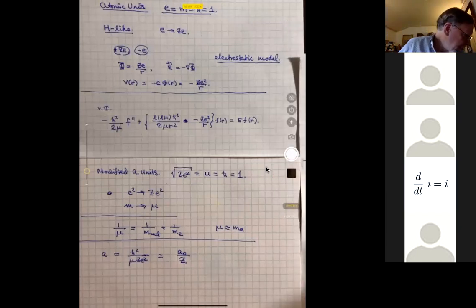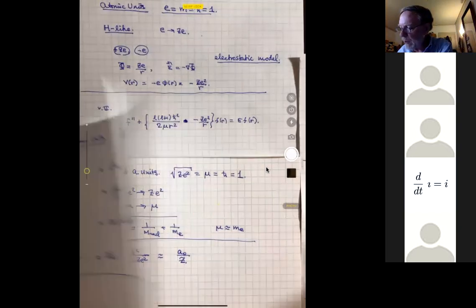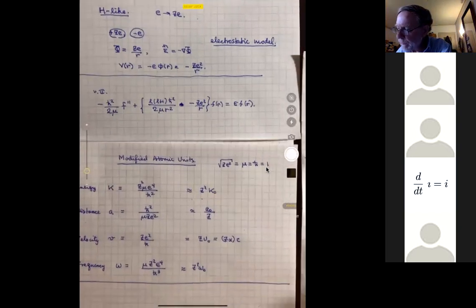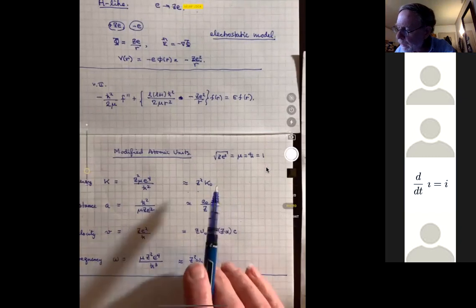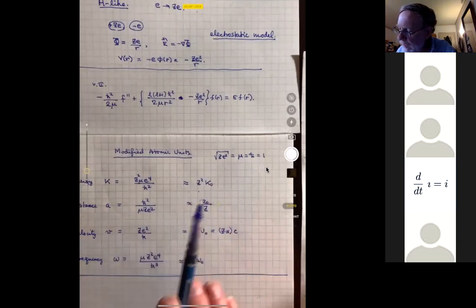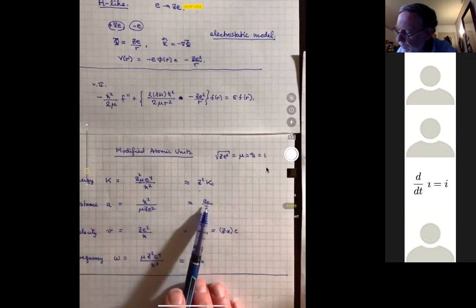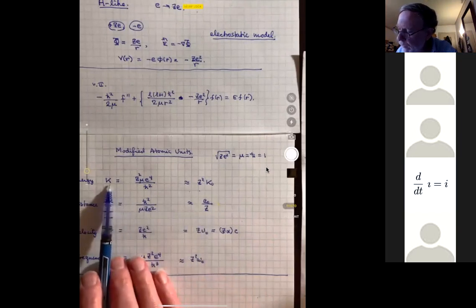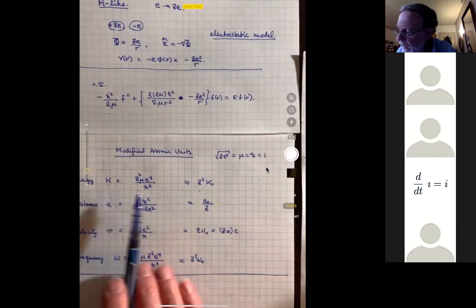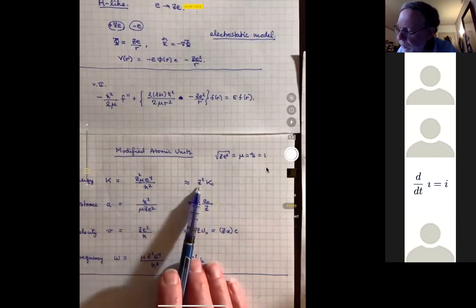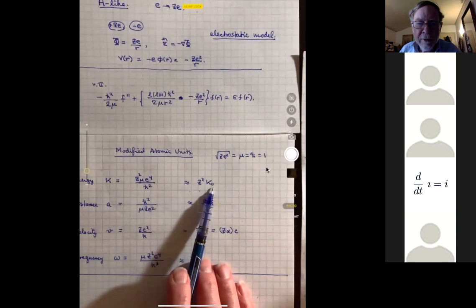Okay, I've made another table here, if I can find it, of the modified atomic units. And here's what they are. Again, these are the substitutions you make. So here's the unit of distance, as I just explained, it's a naught over Z. If you do it for the unit of energy, let's call it K without the naught. It goes as Z squared times the hydrogen value.